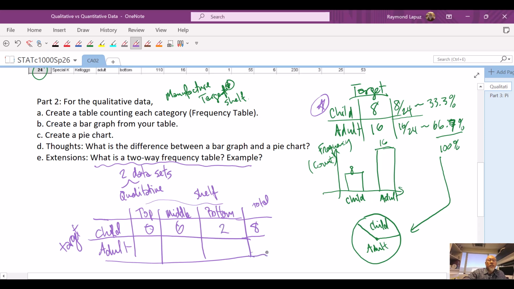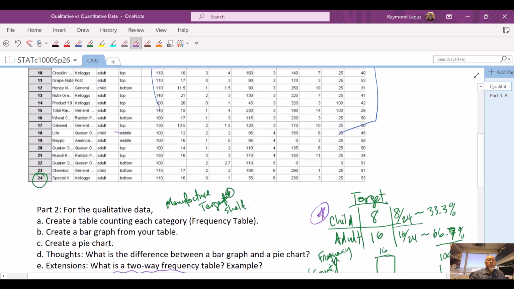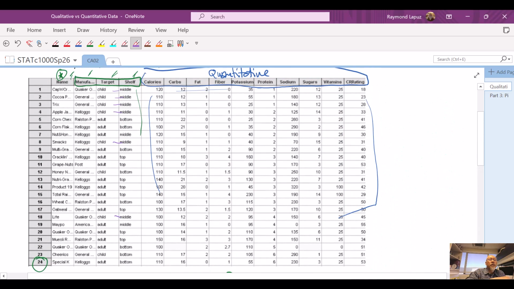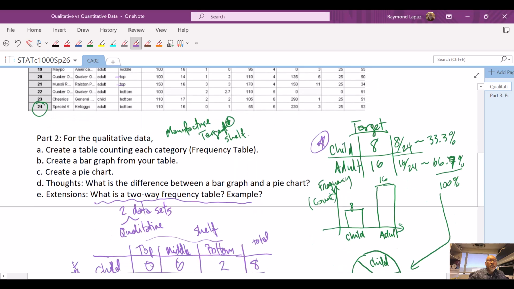And then we could do the same thing for the adults. How many adult cereals are on top? Let's see, 1, 2, 3, 4, 5, 6, 7, 8. So 8 cereals are on top.